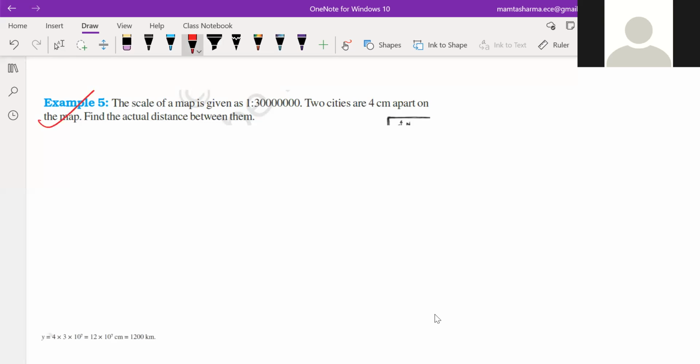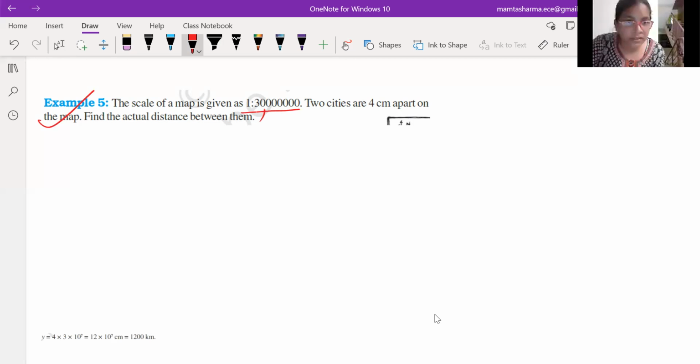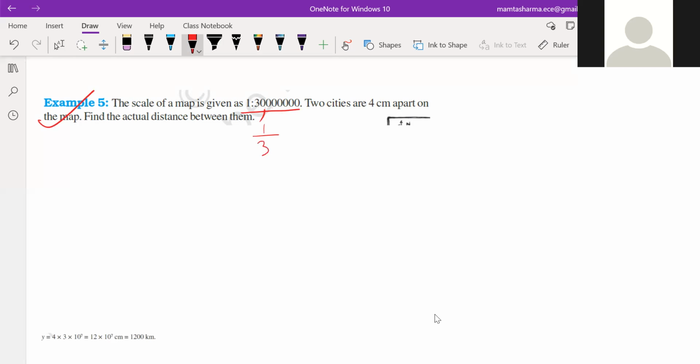Example 5. The scale of a map is given 1 by 3 crore. Can you read this number? 1 is to 3 crore. Yes. Or you can write 1 by 3 into 10 raised to power 7.